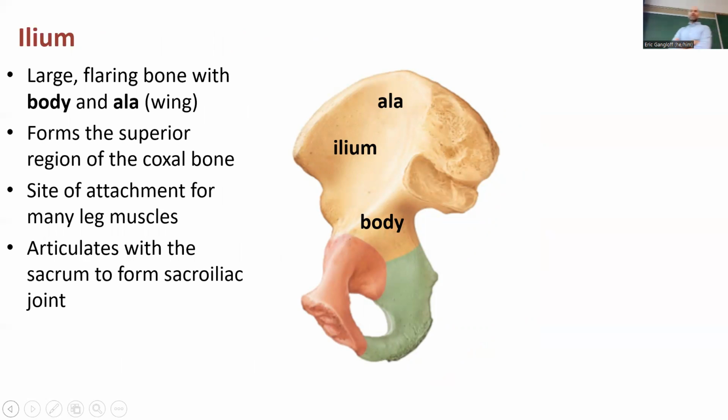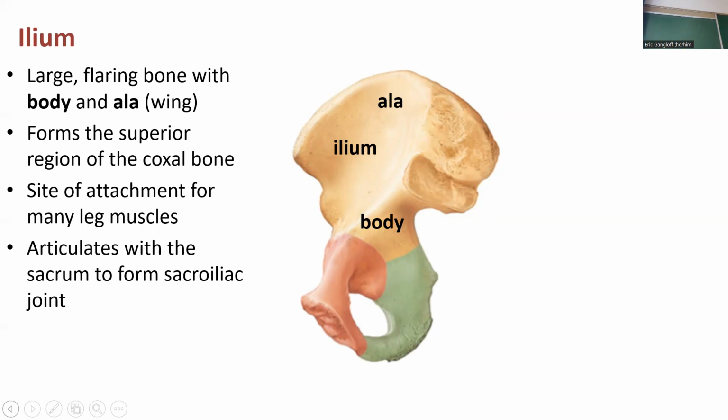So the ilium, I want to talk about first. That's the most superior region of your coxal bone, and it's this big flat, almost like a wing, which is why it's called ala. Ala comes from the Latin word for wing, and it forms the whole superior part of the coxal bone.